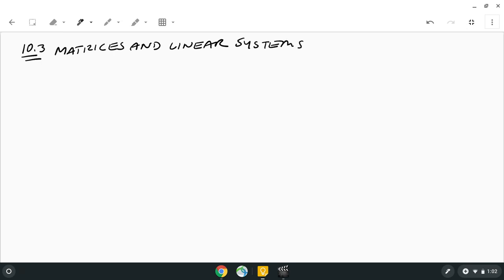Okay, so we're going into matrices, so you need to know what a matrix is.